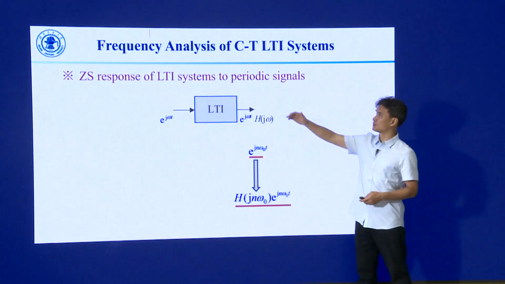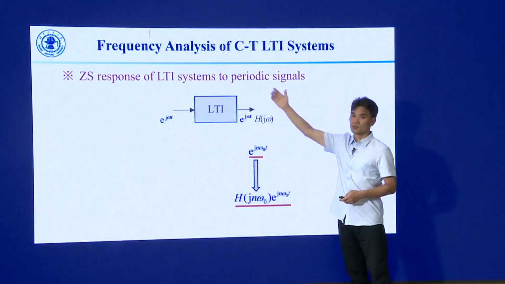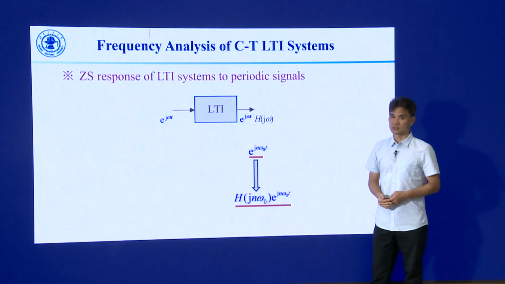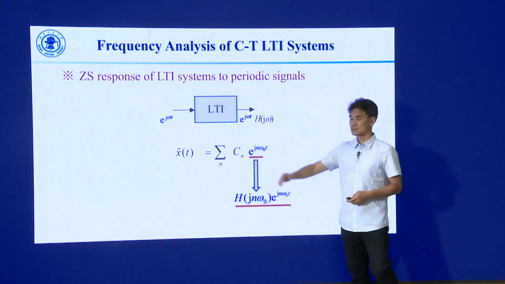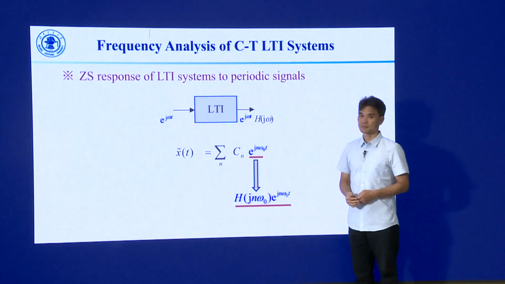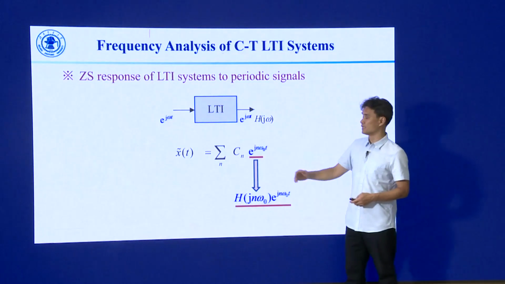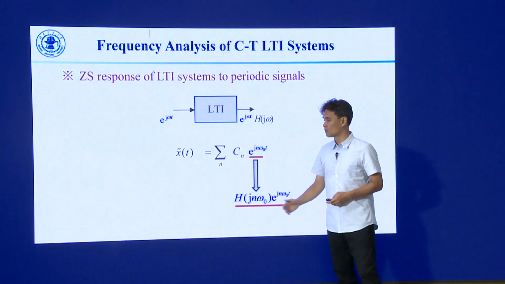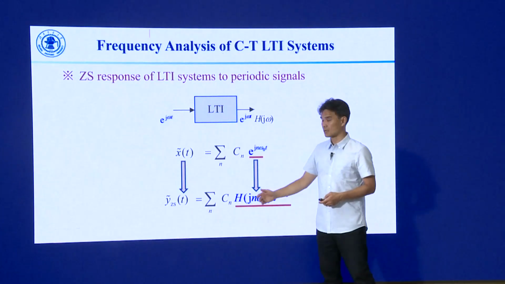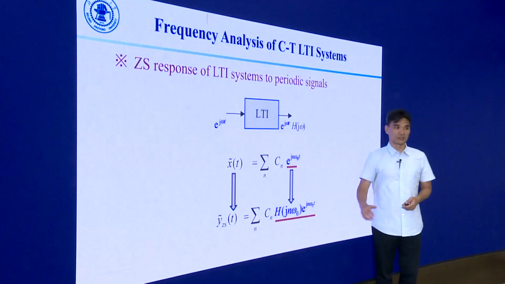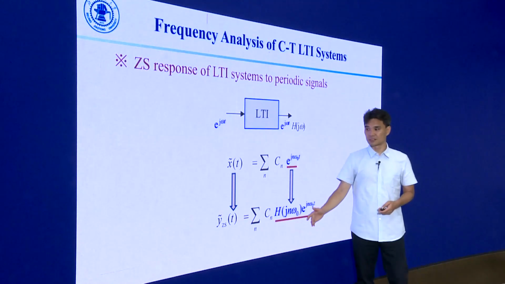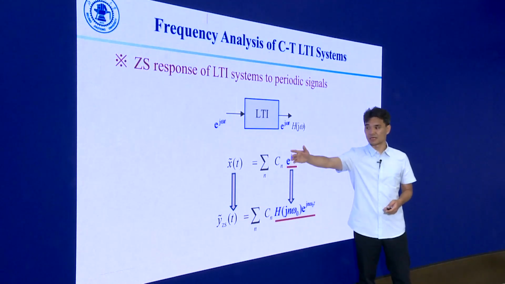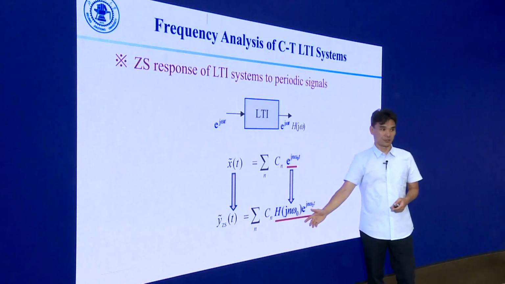And we know that for periodic signals, we can use Fourier series to represent that signal in the time domain. Now by the linearity of the system, we know that the output will be the same linear combination. So now we understand that the system's zero-state response is related to the input and the system's frequency response.